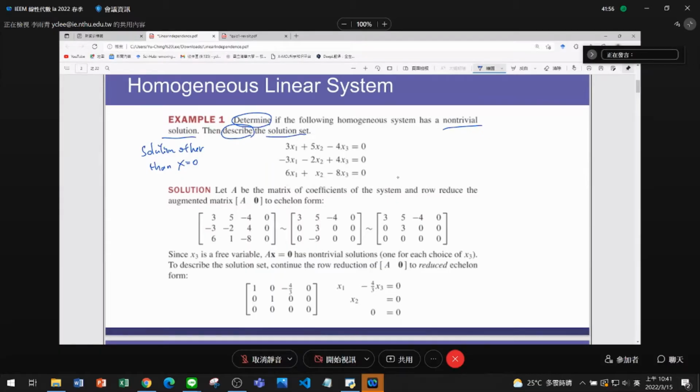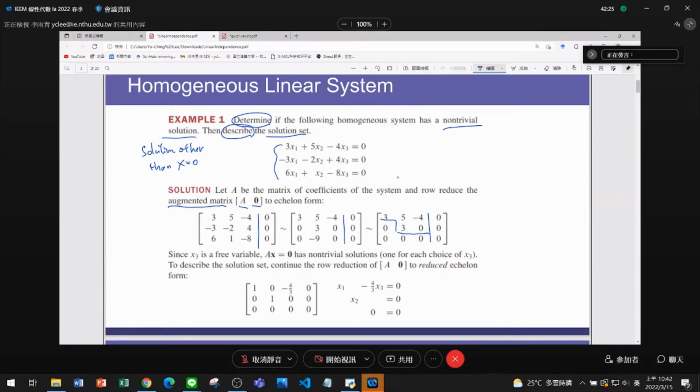Okay, so we are given such a homogeneous system. Then we can write the augmented matrix by putting the A matrix right next to the 0 vector, put them side by side together. And then do the Gaussian elimination. Eventually, we reach an echelon form like this.